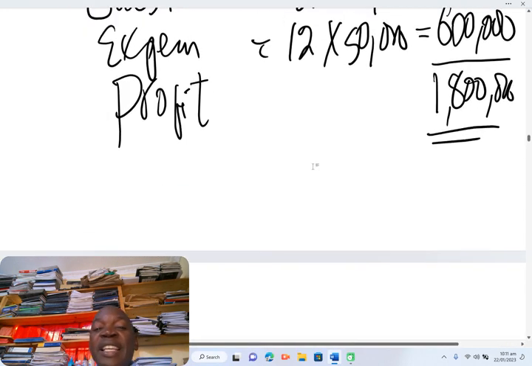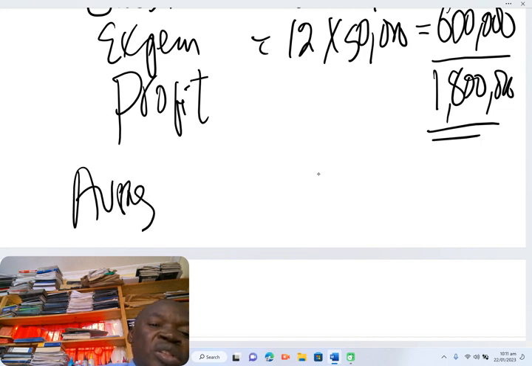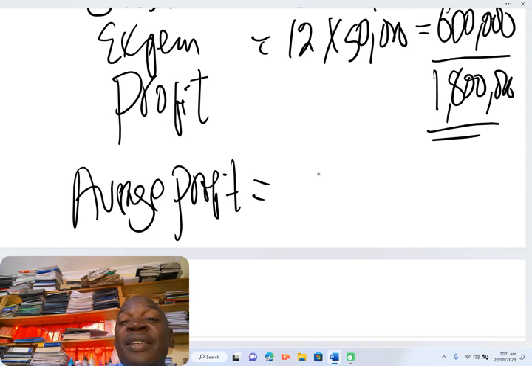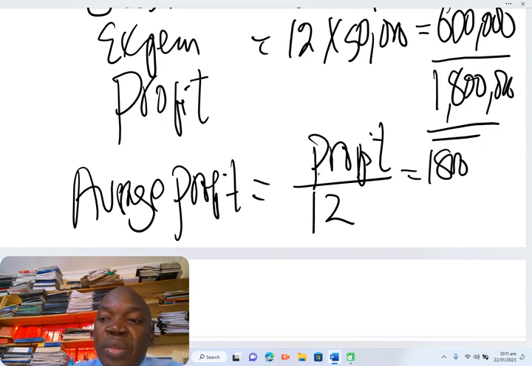Now the formula says average profit. So average profit is equal to this profit divided by 12.